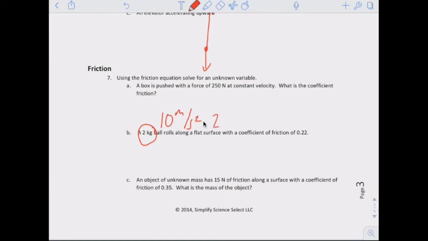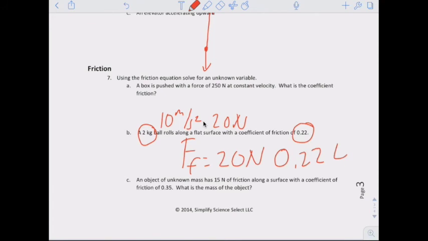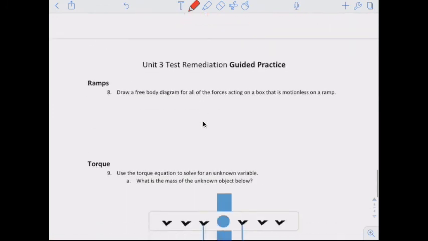It's a 20 newton ball. So the force due to friction is our 20 newton ball times the coefficient of friction, which is 0.22, and we get an answer of 4.4, which is friction. Go ahead and try C on your own.